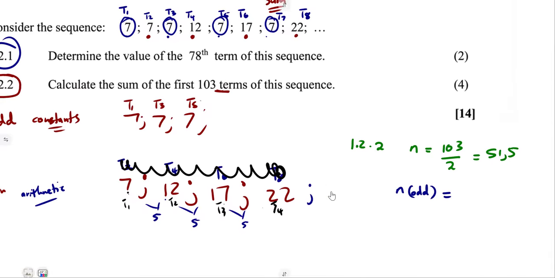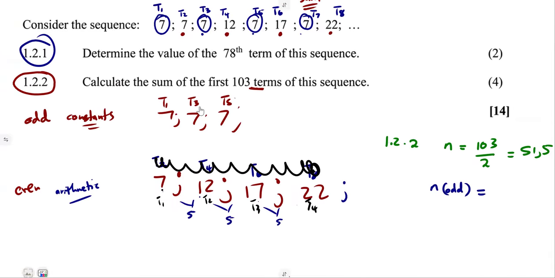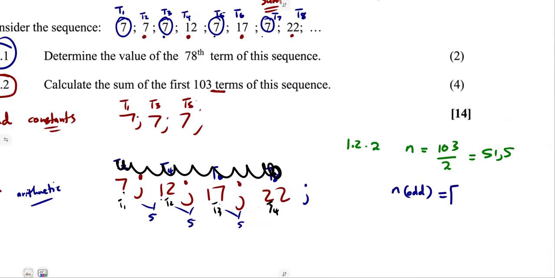Since the odd numbers are the ones that start, 1, 3, we start with a 1. So for the one that you start with odd numbers, you round up. So this is the sign of rounding up, 51.5. If we round up, this is going to give us what? The next digit, 52.